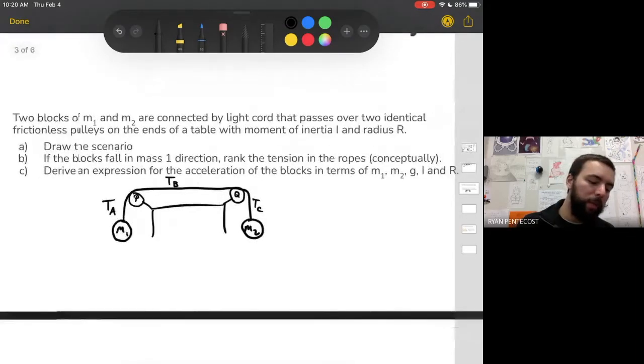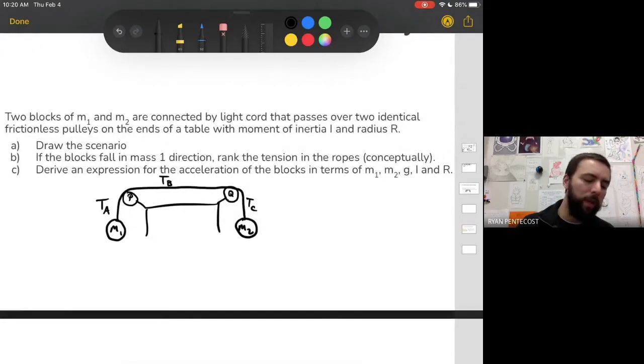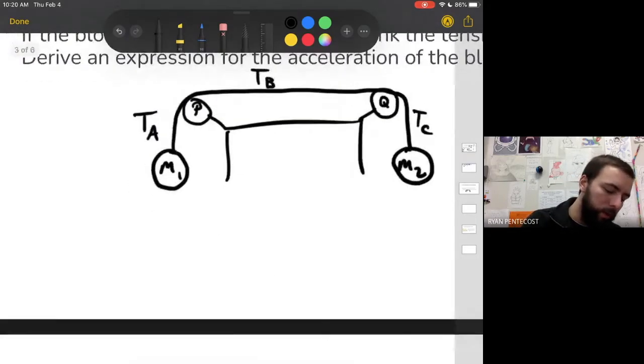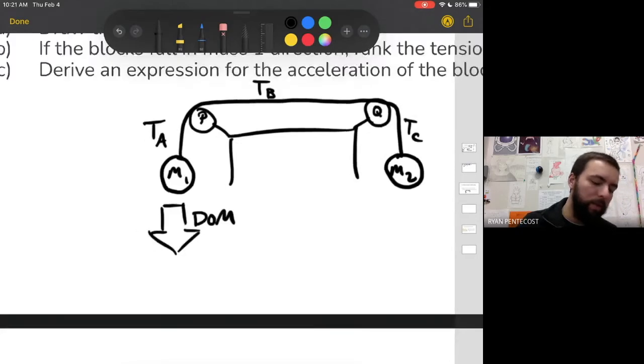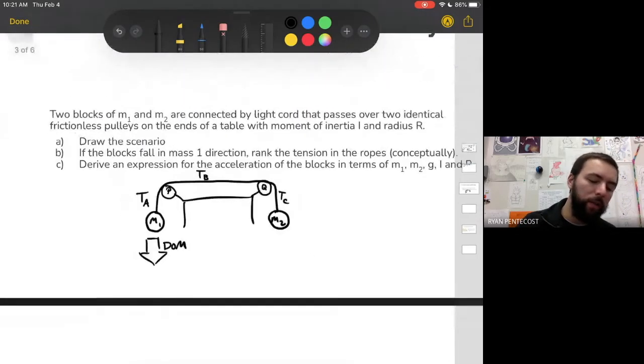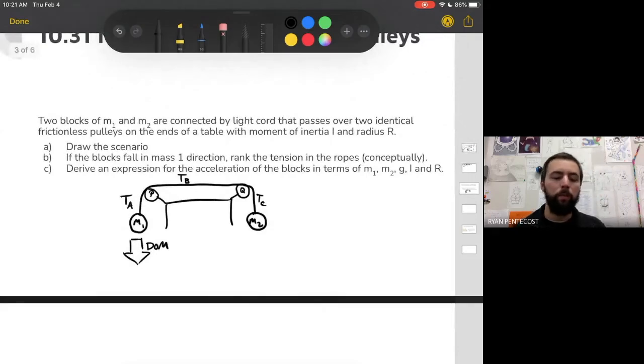Now, letter B says, if the blocks fall in the mass one direction, they are falling this way. That is your direction of motion.